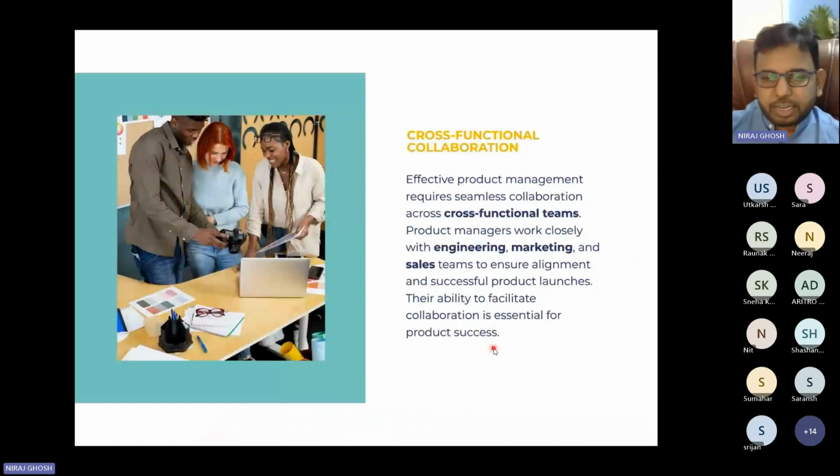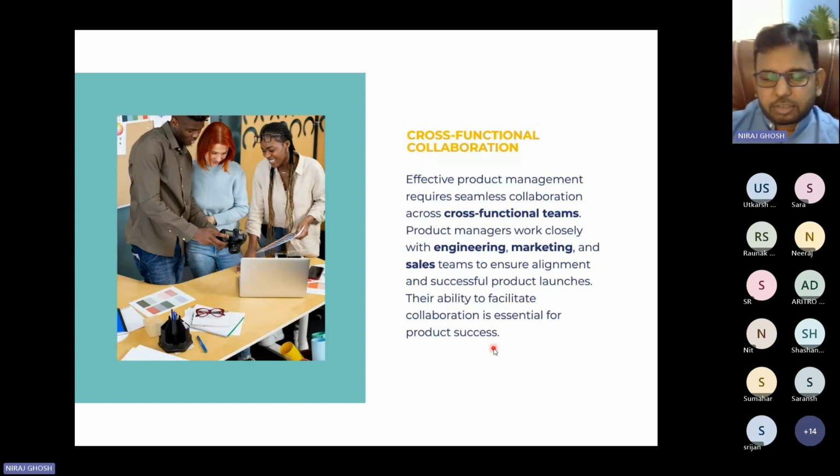The next important aspect is cross-functional collaboration. A product manager may be a manager of the product, but he needs to collaborate with different stakeholders in order to ensure that the product goes through the entire life cycle of the ideation phase, development phase, and release to market.